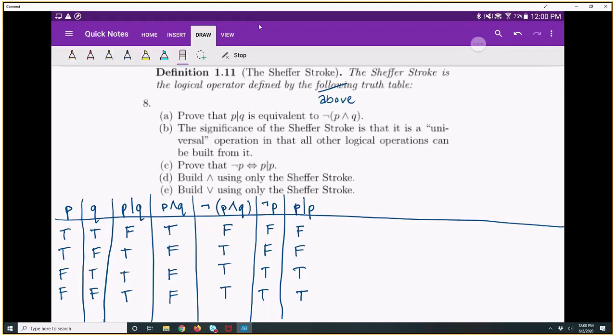I can also do the conditional statements: not P implies the Sheffer stroke of P with itself, and the Sheffer stroke of P with itself implies not P. And what we should see is a tautology. So first I have this column implying that column.